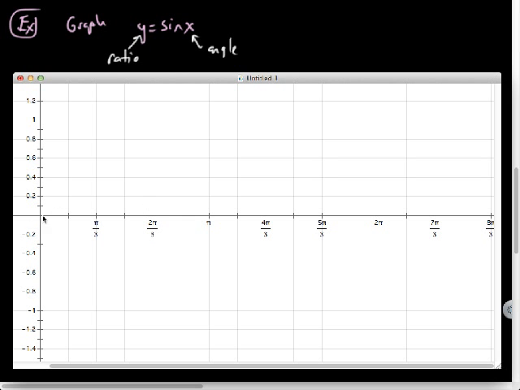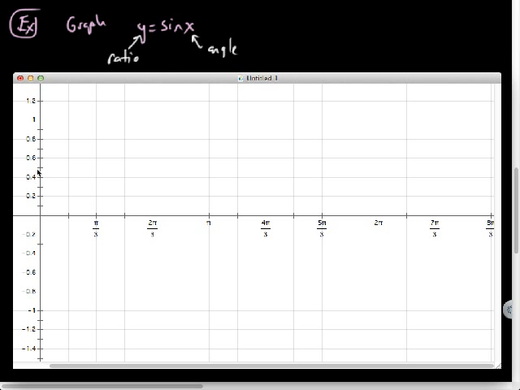And coterminal angles repeat every 360 degrees, right? If I add any multiple of 360, it's going to give me another coterminal angle. So in terms of radians, what's the equivalent of 360? 2 pi. So I actually expect that 2 pi is going to be the period for my sine function.